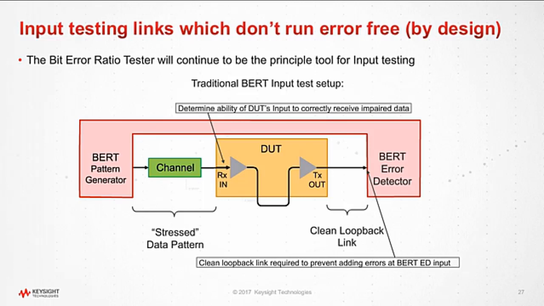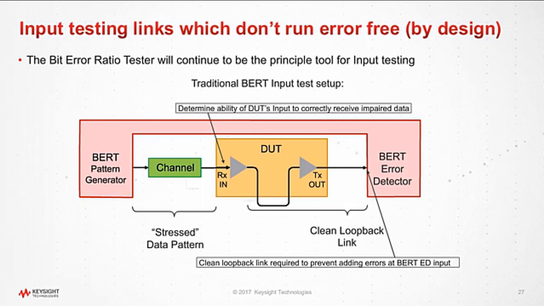Now notice I moved the error. I said clean link. The clean link now with PAM4 really goes beyond just the cable. We tend to think, well, just use a short cable to get the clean link, but it has a lot to do with the retransmit. It's in the device under test itself, and transmitters in PAM4 are quite often a contributor.